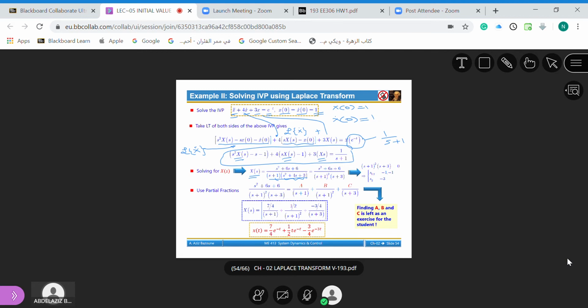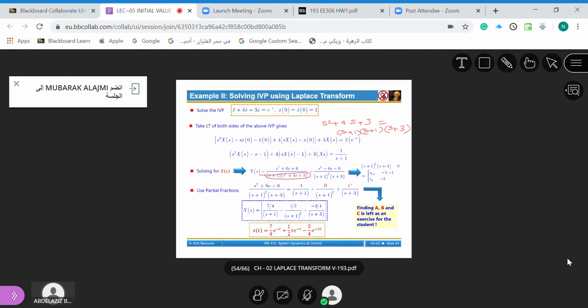So I can erase the board now. I'll write here that the term s squared plus 4s plus 3 can be written as s plus 1 times s plus 3. So the whole denominator will become s plus 1 times s plus 1 times s plus 3.